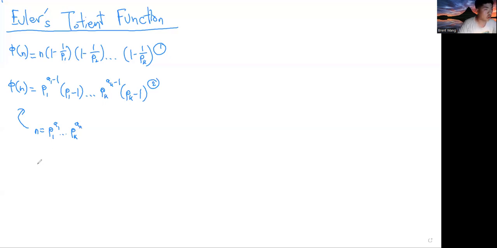I should have mentioned this earlier, but P1, P2, P3, and Pk, all primes, are relatively prime to each other, right? So phi of P1 to the A1 is equal to P1 to the A1 minus 1 times (P1 minus 1). And then because they're all relatively prime, yeah.